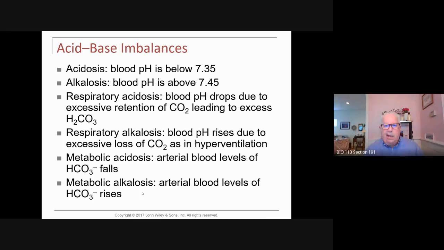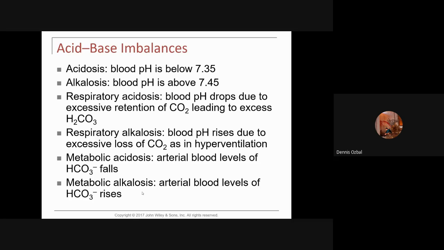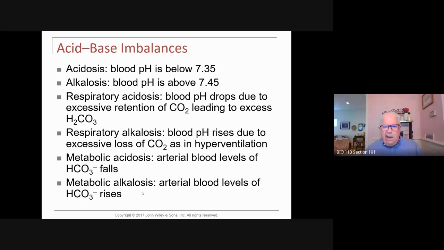Vomiting. Yeah, vomiting. Dennis, you understand that? Yeah, I do. That's true. Yeah, it is true. So when you lose acid, the number one cause of metabolic alkalosis is vomiting.